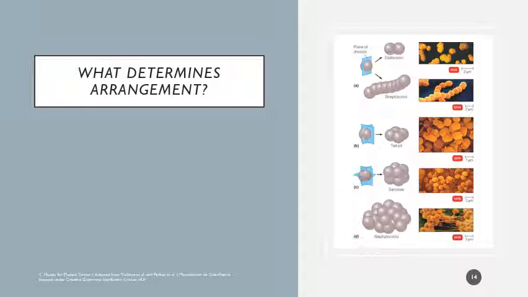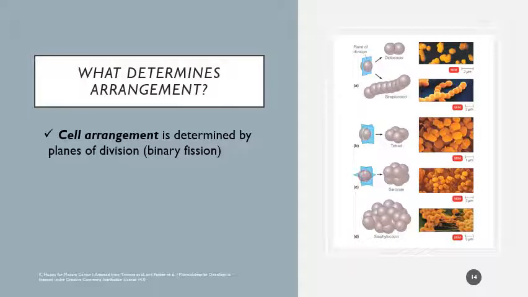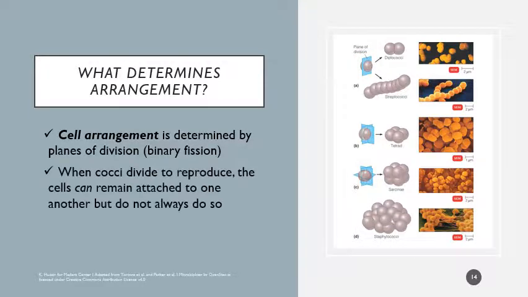The reason for that is these are determined according to planes of division. So where the cell is actually going through binary fission, the plane along which that's happening might lead to an arrangement, might lead to some of the cells sticking together. So cell arrangement is determined by those planes of division through binary fission.